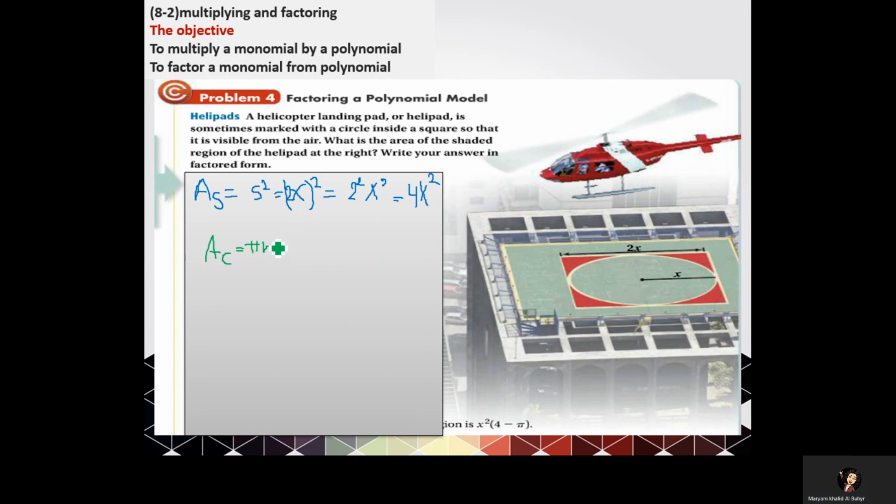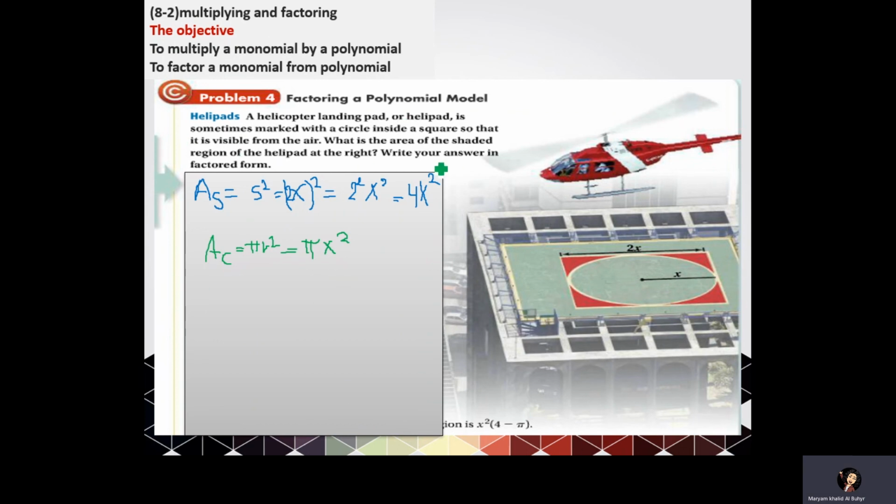What is r here? R is the radius, which is given as x. So that equals pi times x to the power 2. Now I can write my shaded area.